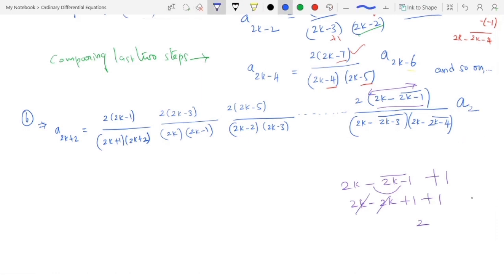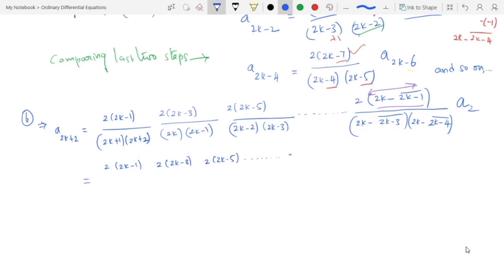Answer is 2. Simplifying the above, we can rewrite it as 2 into 2k minus 1, 2 into 2k minus 3, 2 into 2k minus 5 and so on. 2 into 2k, here 2k minus of 2k minus 1, that is minus 2k minus of minus plus 1. 2k cancel.